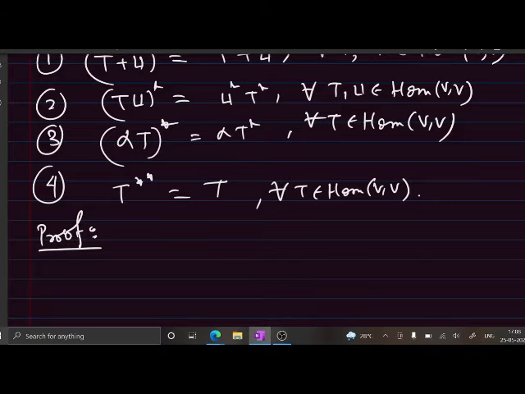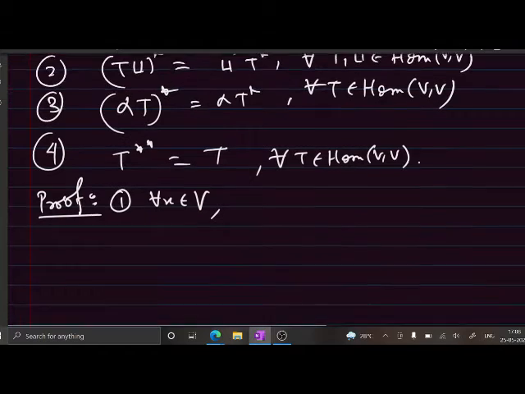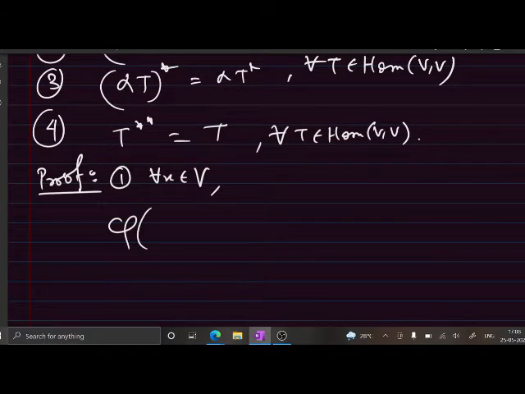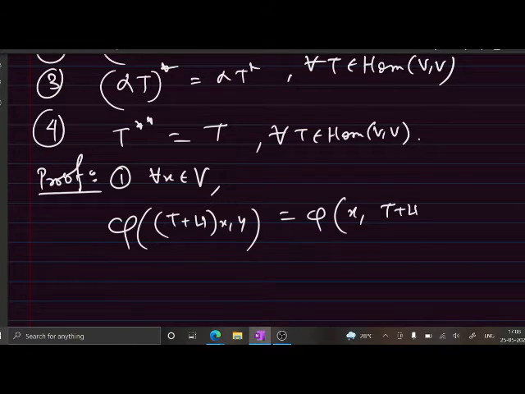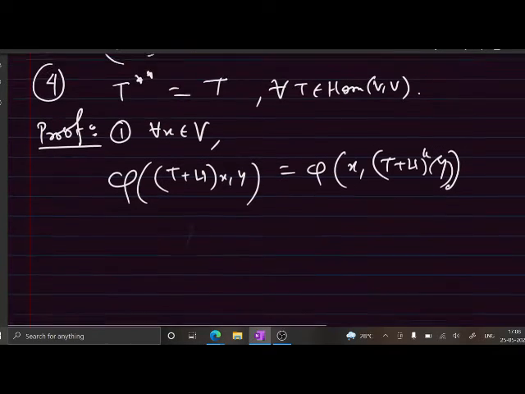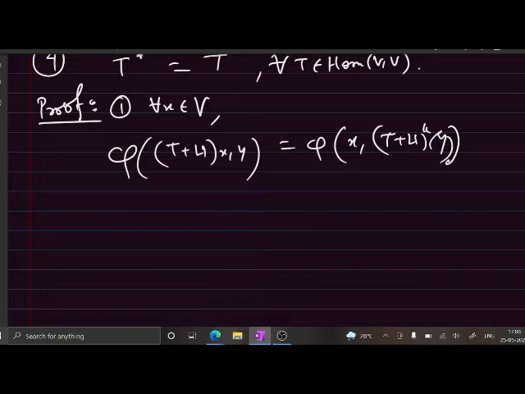Suppose number 1, for all x belongs to V, phi of (T plus U)x, y is phi of x, (T plus U) star y.